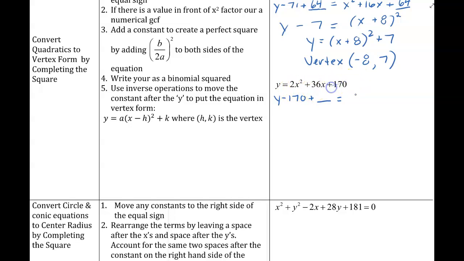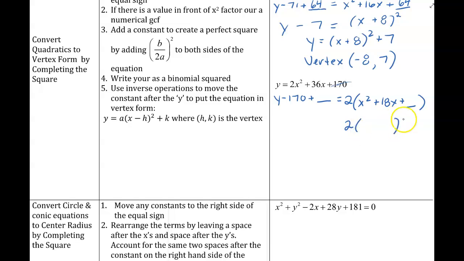So that 170 is no longer on that side. If I factor out the numeric GCF, which is a 2, I'm going to be left with x squared plus 18x plus blank. I'm going to drop down that 2, keeping that as my coefficient.